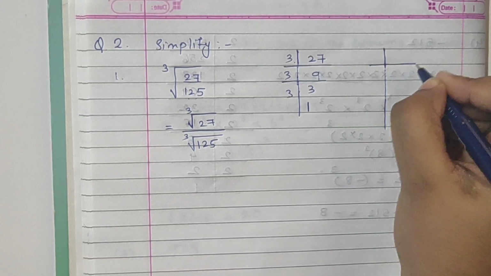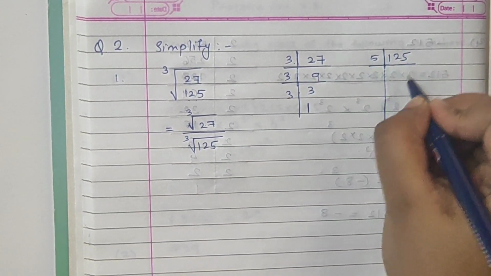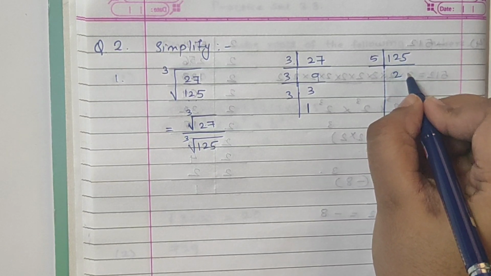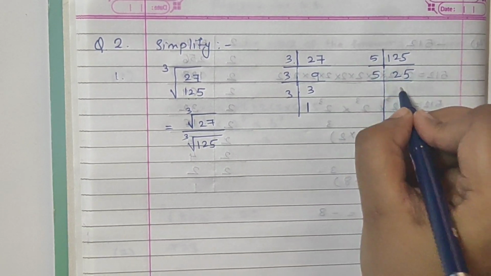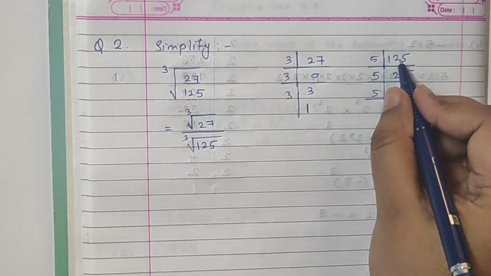Next is 125. 5 2s are 10. 12 minus 10, 2. That is 25. 5 5s are 25. Again 5 5s are 25. 5 1s are 5. These are the factors of 125.